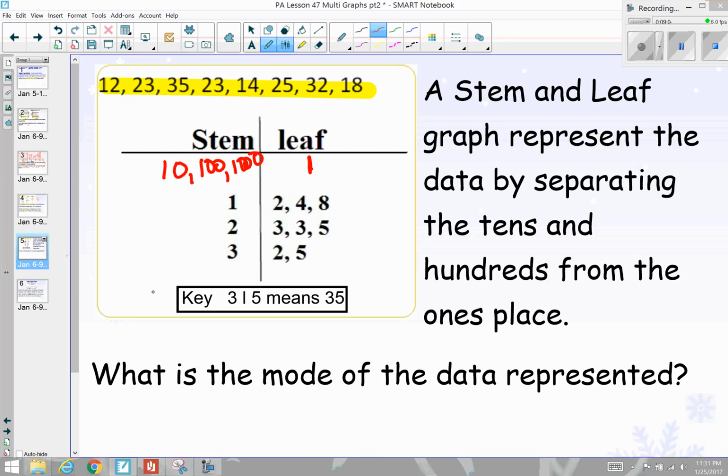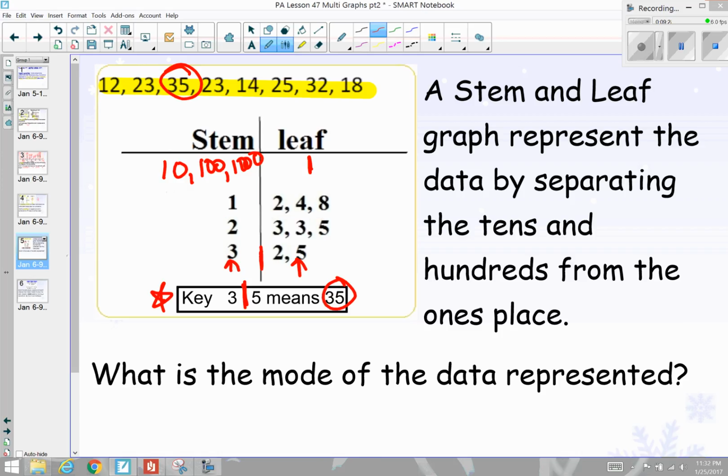And then we can look at our key down here below to show that 3, and then this is our line right here, and the 5 on the other side of it, so the 5 would represent the value of 35. And we can see that we have 35 in our data set up above.